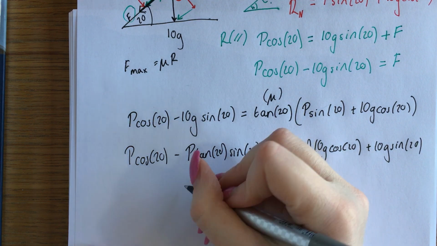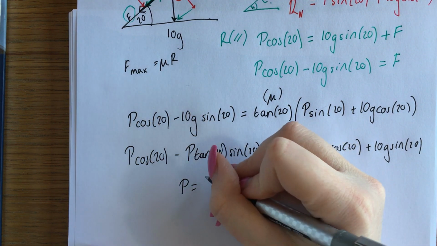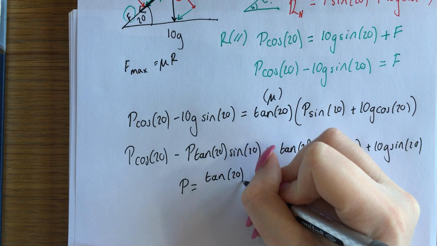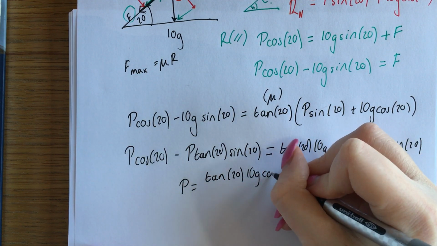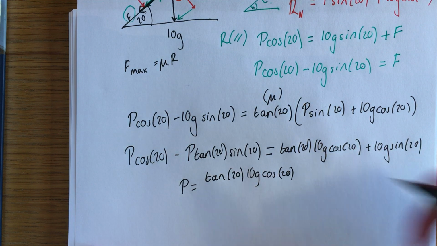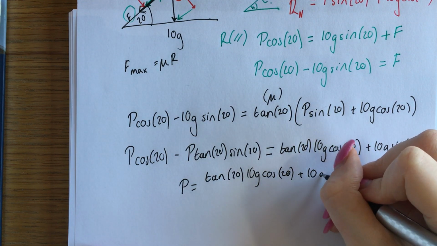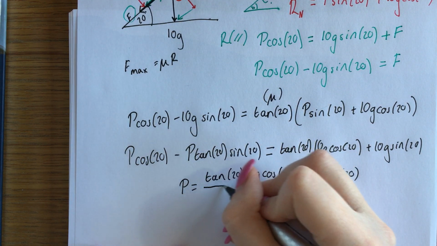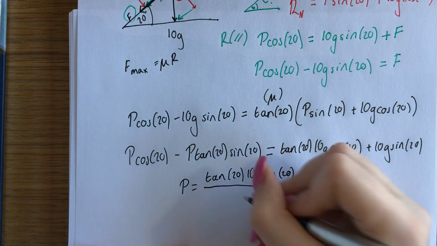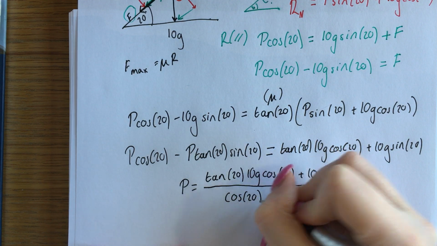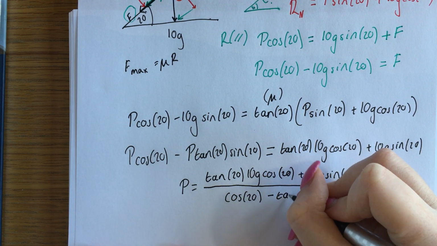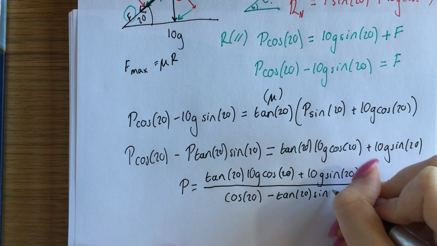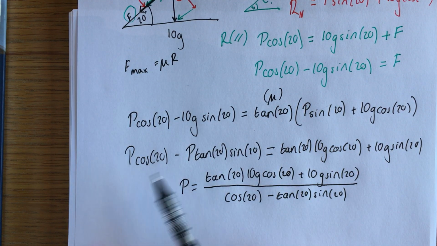Now I could factorise this to make P equals tan 20, 10g cos 20 plus 10g sine 20 all over cos 20 minus tan 20 sine 20. So all I've skipped here is me going P brackets, so factorising this side.